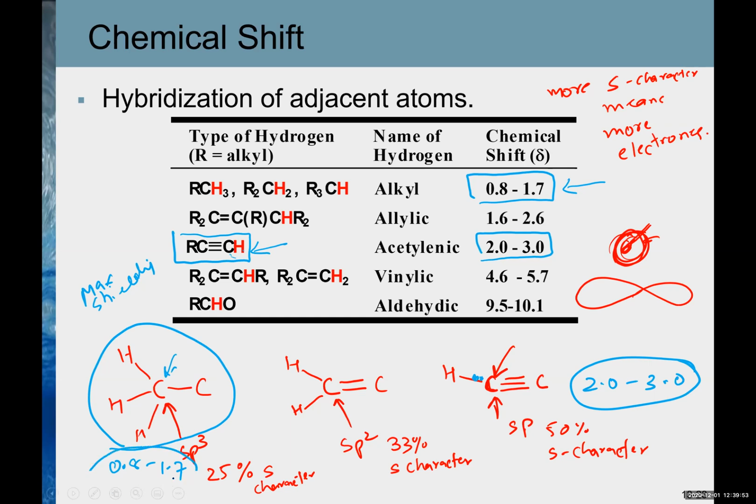If we go with the trend, what do we expect for sp2, which is right in the middle in s character? Wouldn't we expect this value to be in the middle of sp3 and sp? But that's not the case. It is absurdly high: 4.6 to 5.7. So something else is going on apart from s character. S character is one of the reasons, but there is something else also going on.